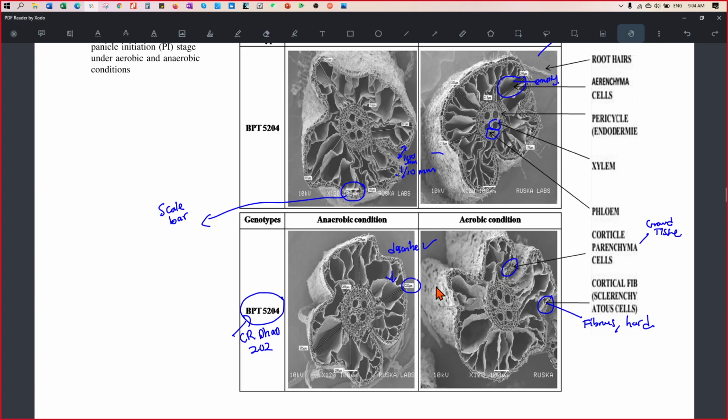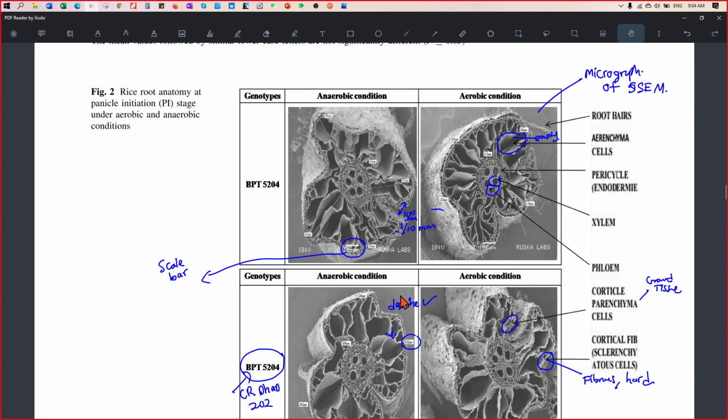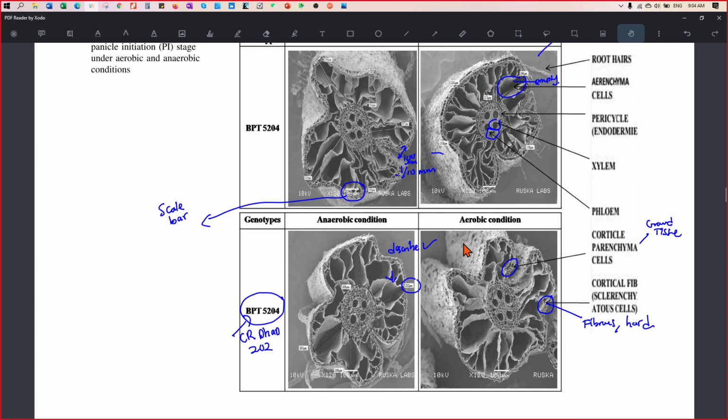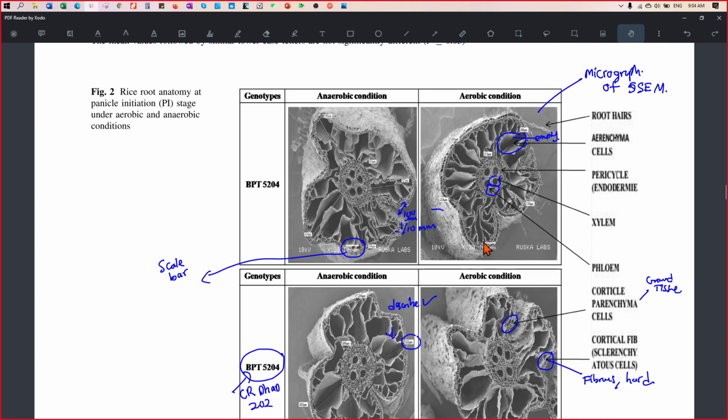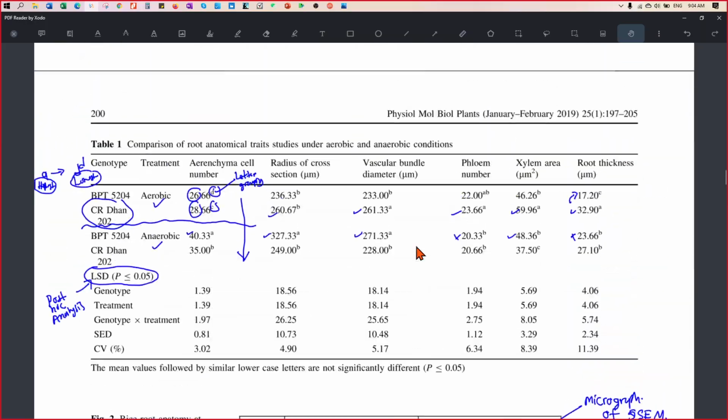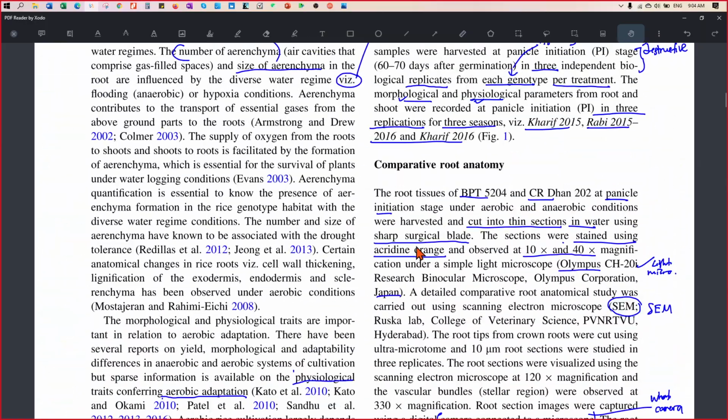Just from the perspective of a microscopist, I was a microscopist before. If I were to present this paper in a journal club, maybe I would have more comment on how this is done. I would scrutinize the way they did this electron microscopy.